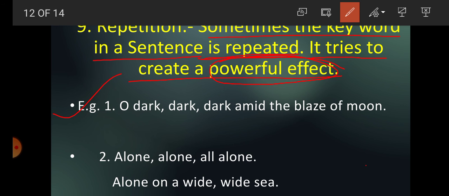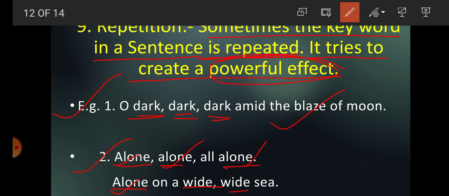For example, students, oh, dark, dark, dark, amid the blaze of noon. So here there are 3 repetitions of dark. And why is dark repeated here? For making a powerful effect. Number 2, alone, alone, all alone, alone on a wide, wide sea. So here, students, alone is repeated, and in the second line also it is repeated.